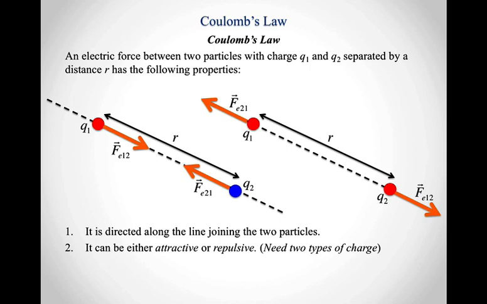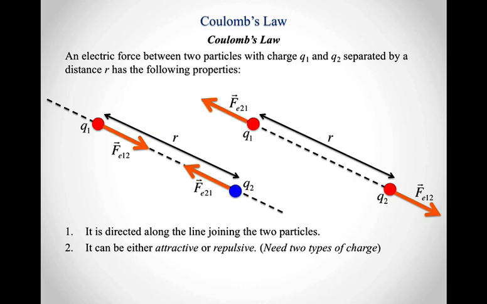So you all have known for many years now through your schooling that like charges repel and opposite charges attract. And part of what this means is the reason we need two types of charge that we choose to label positive and negative is because we have to explain two types of behavior with the electric force.